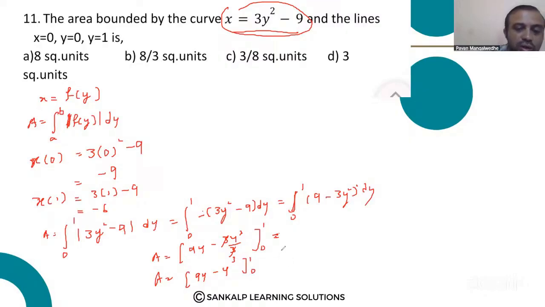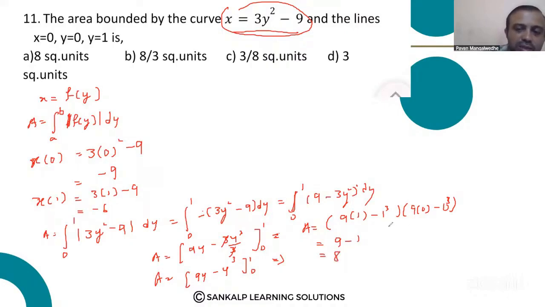So now it is left with A is equal to 9y minus y cube from 0 to 1. That is 9 into bracket 1 minus 1 cube, and here it is 9 into 0 minus 0 cube. So 9 into 1 minus 1 is 9 minus 1, which is 8.